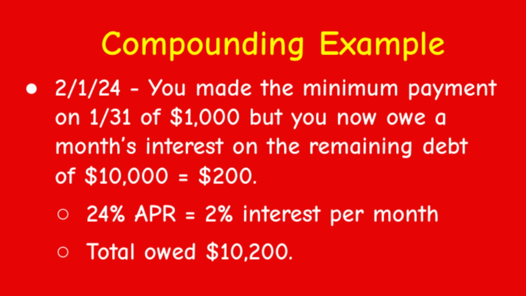The credit card company sets the minimum payment, but you can pay off the entire debt in 1 month if you wish. You make the minimum payment of $1,000 on January 31st, but you still owe $10,000, and so you are charged interest for $200 on February 1st, bringing the total amount you owe to $10,200.